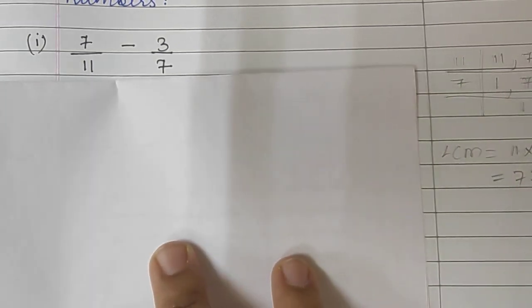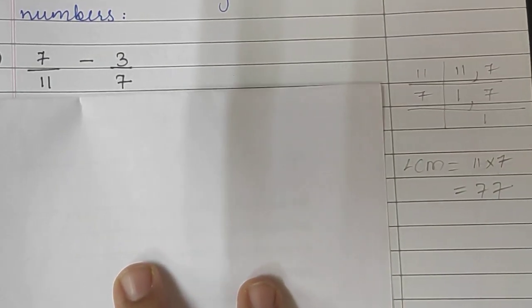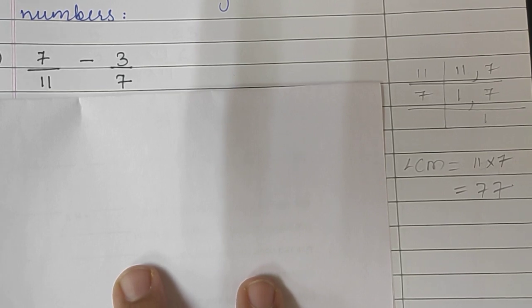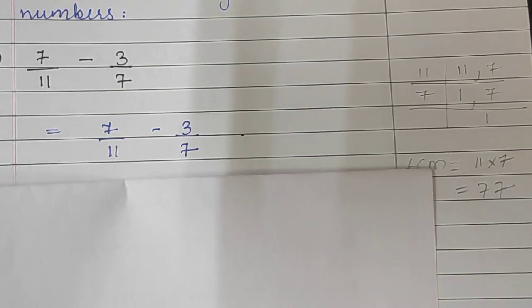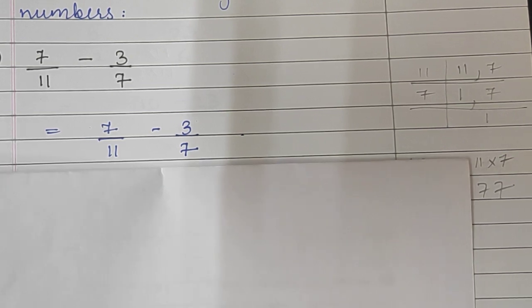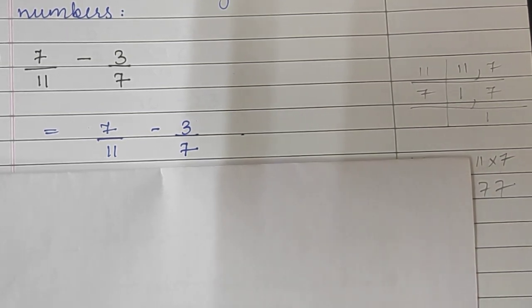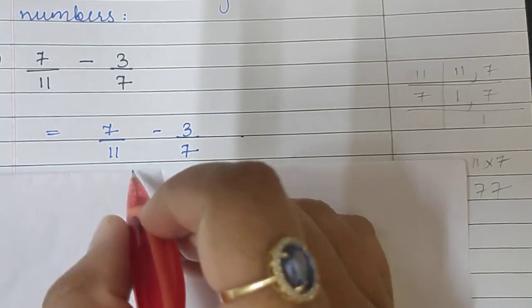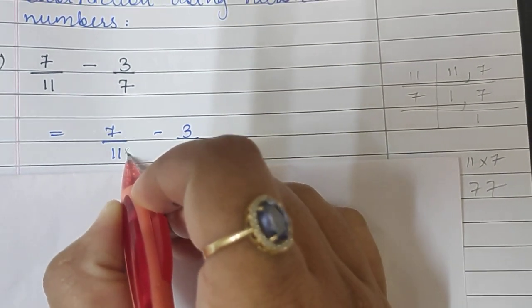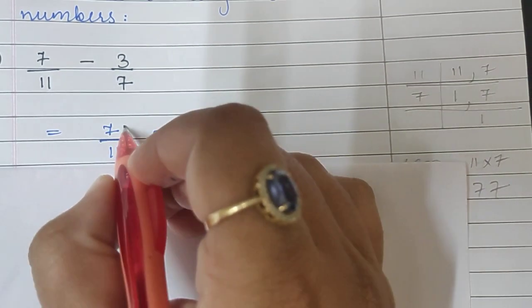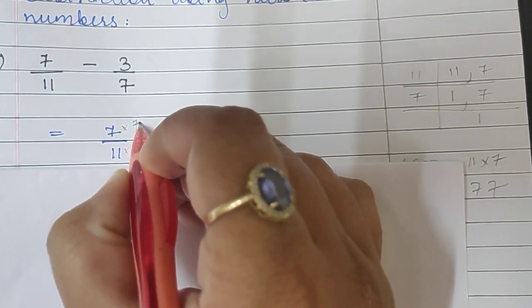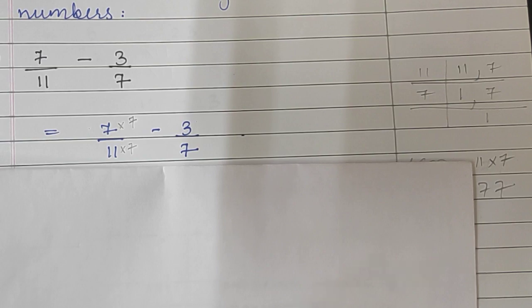Here, let's find the LCM. The LCM is 77. Simple enough. So what we are going to do is make the denominator 77. To make it 77, we have to multiply this by 7. 11 sevens are 77. If we multiply the denominator, we multiply the numerator also.